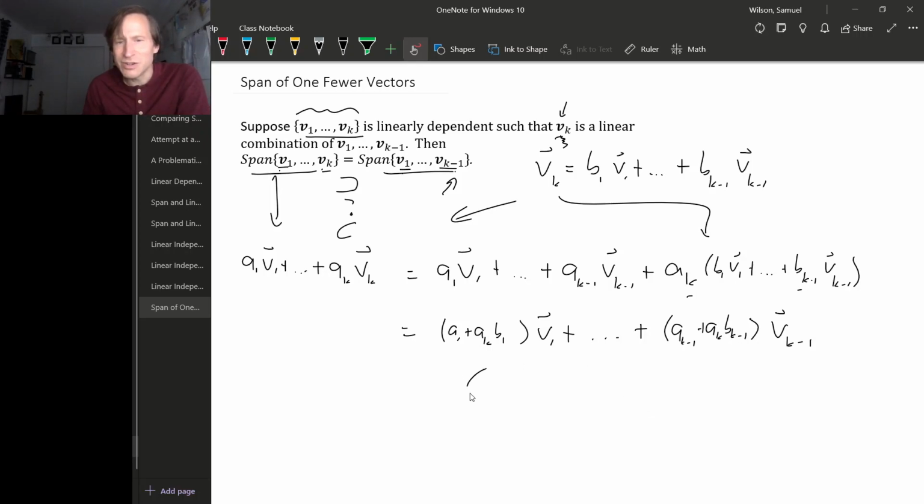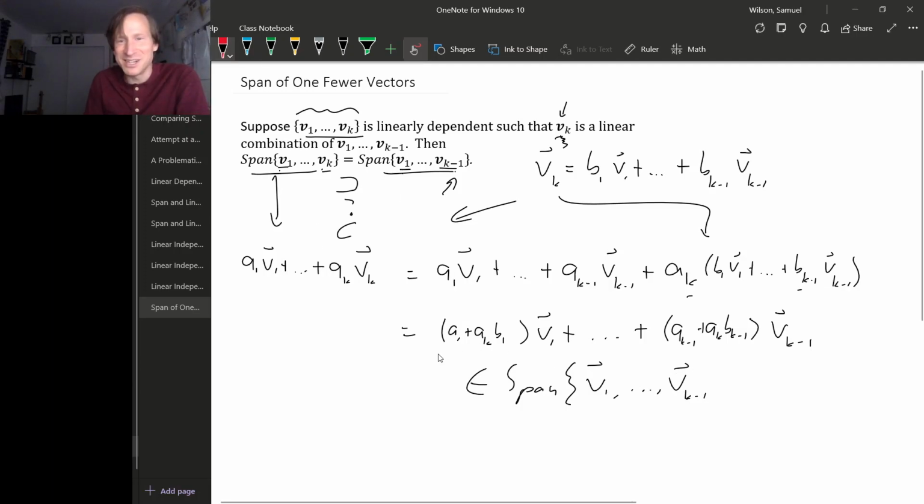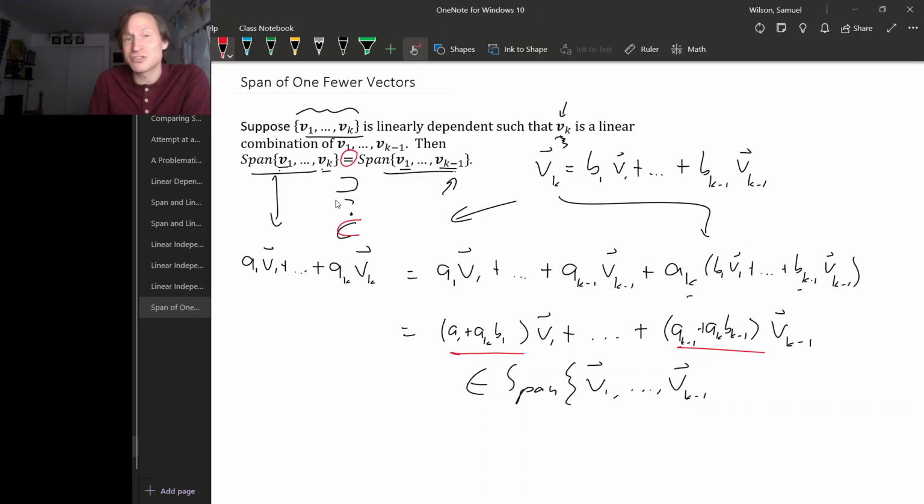But this vector clearly is in the span of v sub 1 through v sub k minus 1 because we've just displayed it as a linear combination of these spanning vectors. So this demonstrates the containment the other way, which means that these two spans are actually equal. So this demonstrates that we really have captured the idea that when you have linear dependence, you have a redundant vector, and removing that vector from your spanning set doesn't actually change the span.